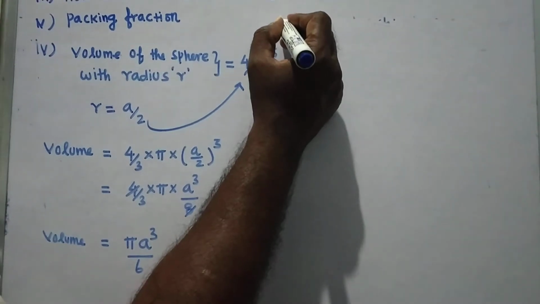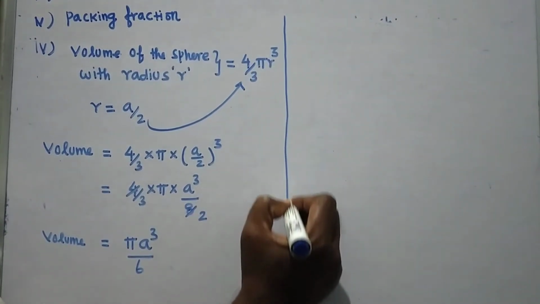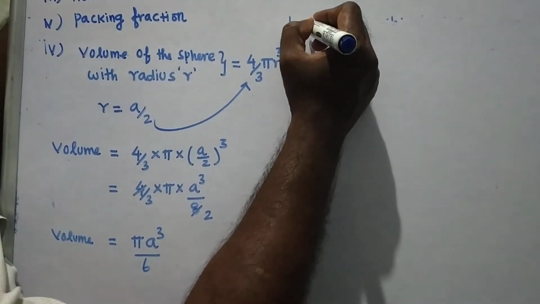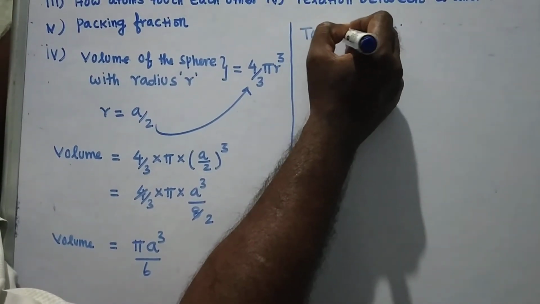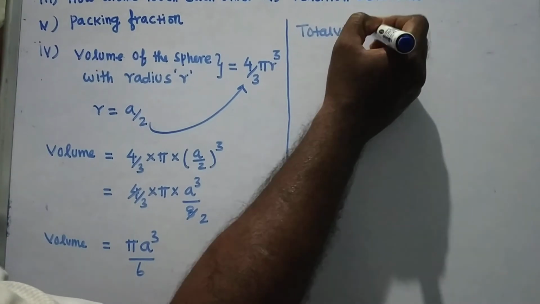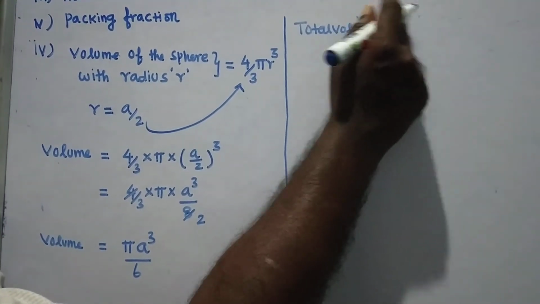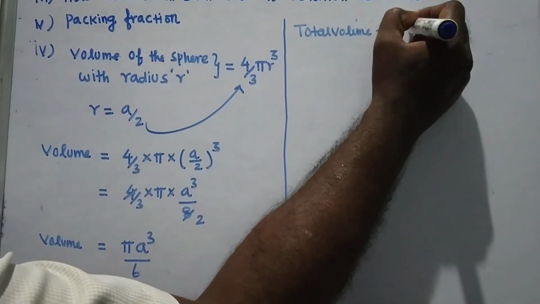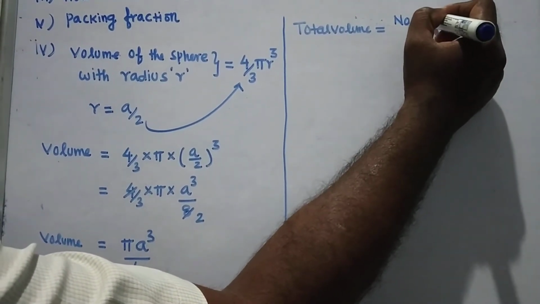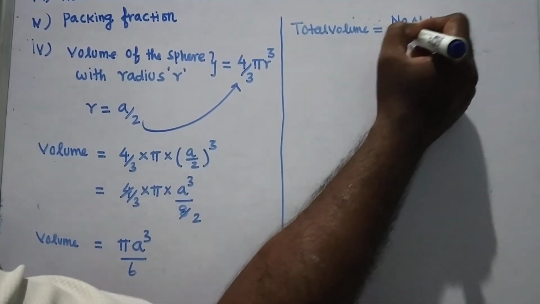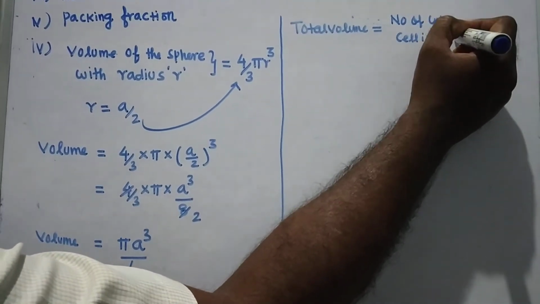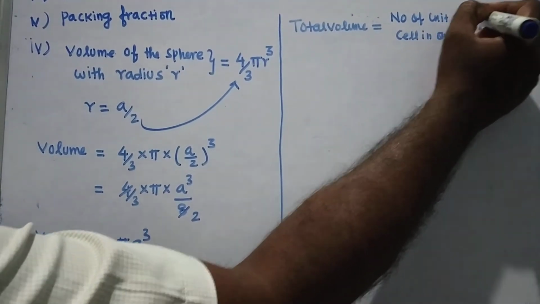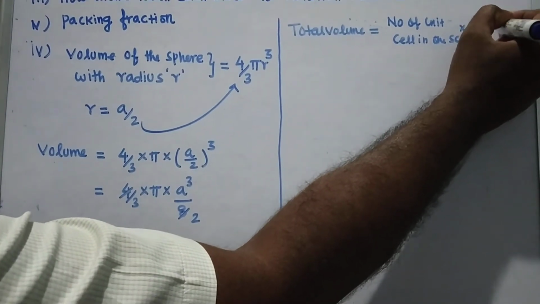Next we are going to find out the total volume. Total volume is nothing but number of unit cell in one simple cubic into volume.